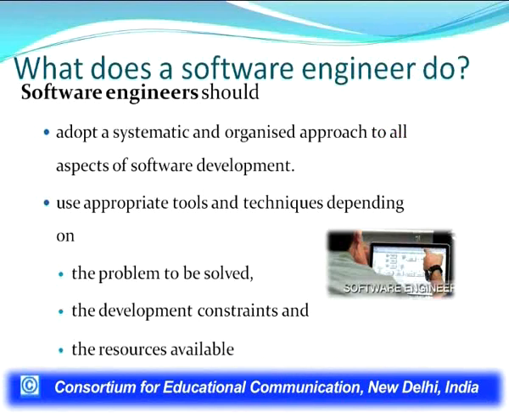A software engineer should adopt a systematic and organized approach to all aspects of software development. Use appropriate tools and techniques depending on the problem to be solved, the development constraints and the resources available.